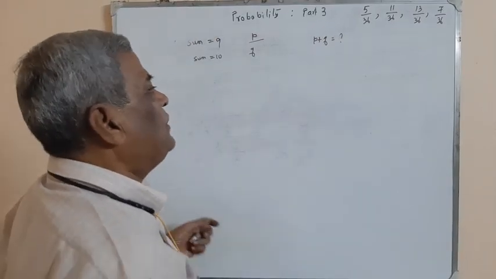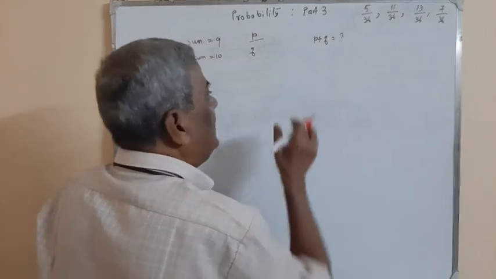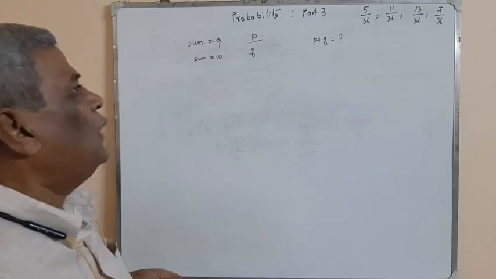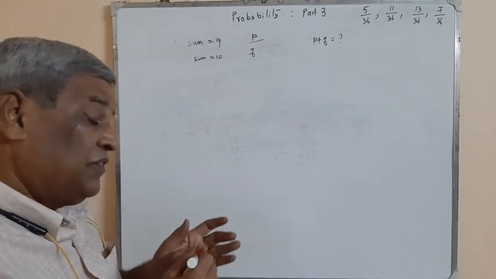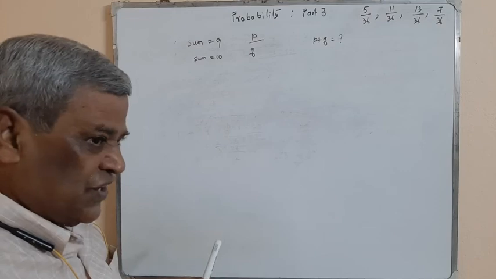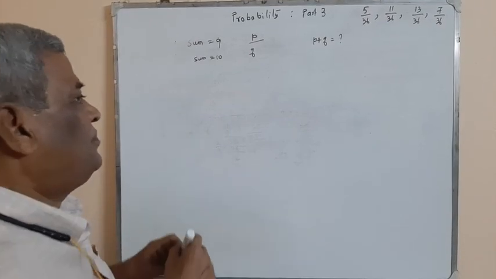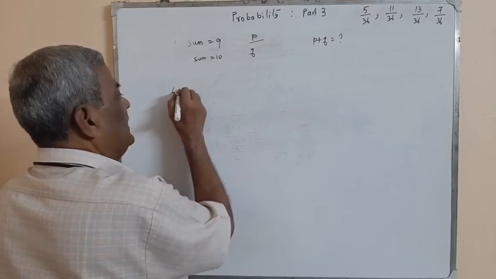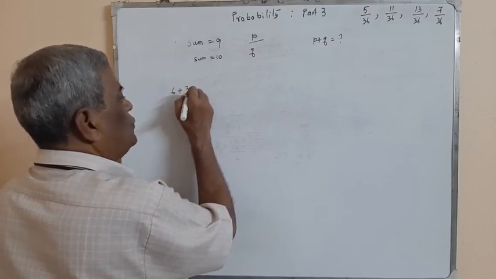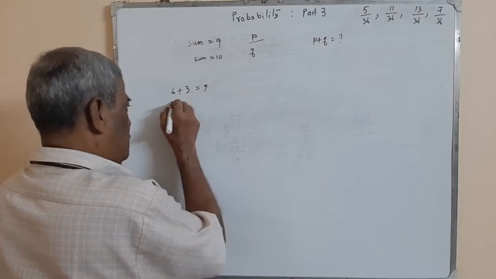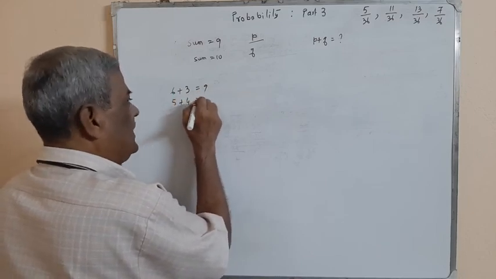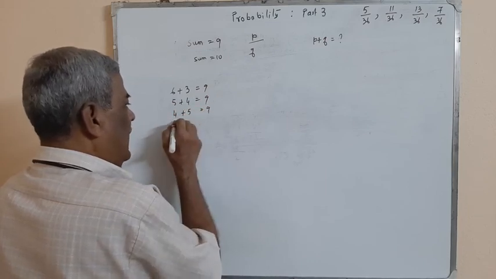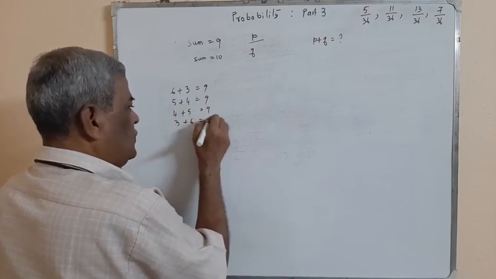Then we have to find the value of P plus Q. First of all, I calculate P, that is if the sum of the faces is 9. 9 from the two dice can be obtained as follows: 5 plus 4, 4 plus 5, 3 plus 6, 6 plus 3 is equal to 9.